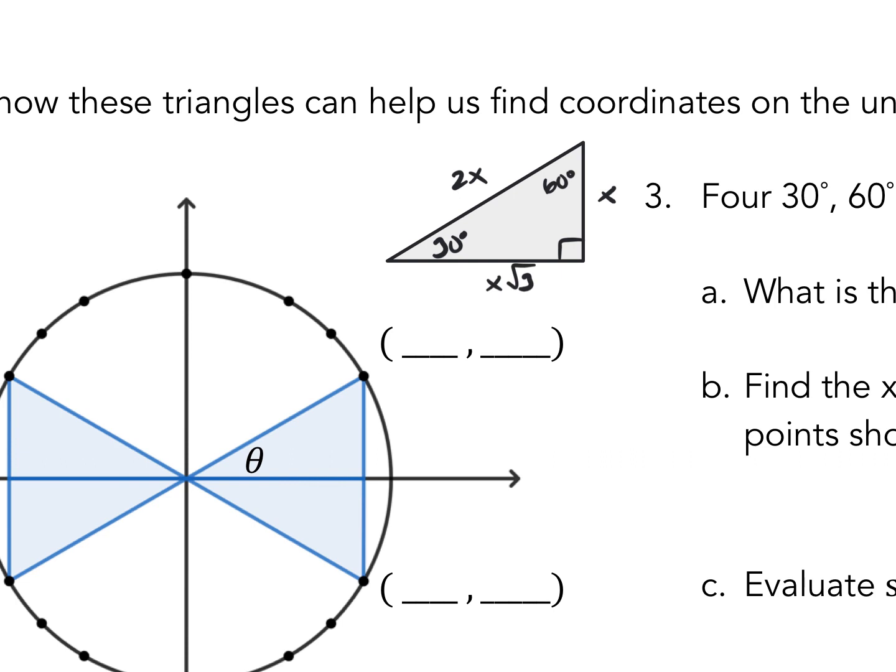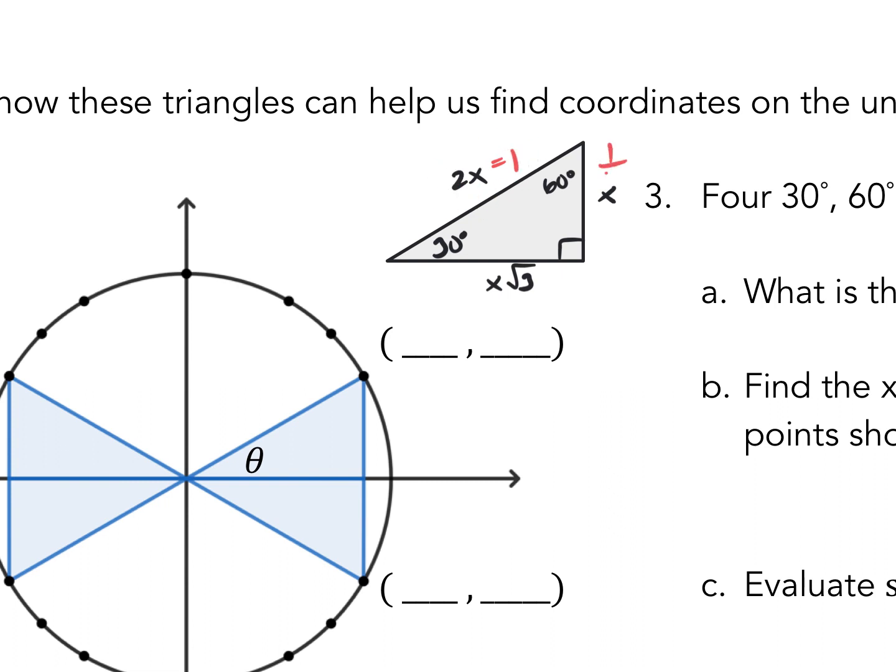In the unit circle, all of my radii are going to be 1 every single time. So if this is technically 1, what would my x, or my short side, be? If this is equal to 1, that's equal to 2x, what would x equal if I solve this? 1/2, right?